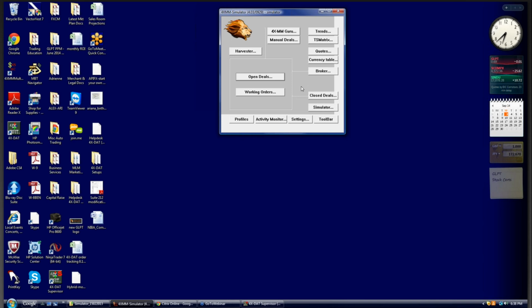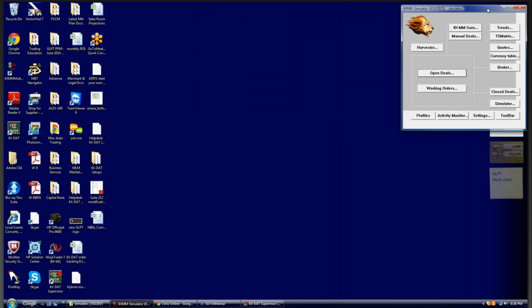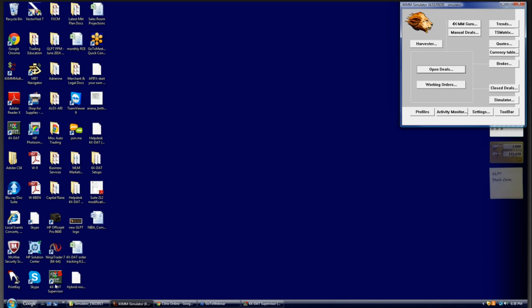In other words, the mechanics of the software, the behind the scenes. First thing, I'm going to move it off to the side here so that I can make the rest of my screen free. What you see here, don't pay any attention to this. These are just my personal icons.